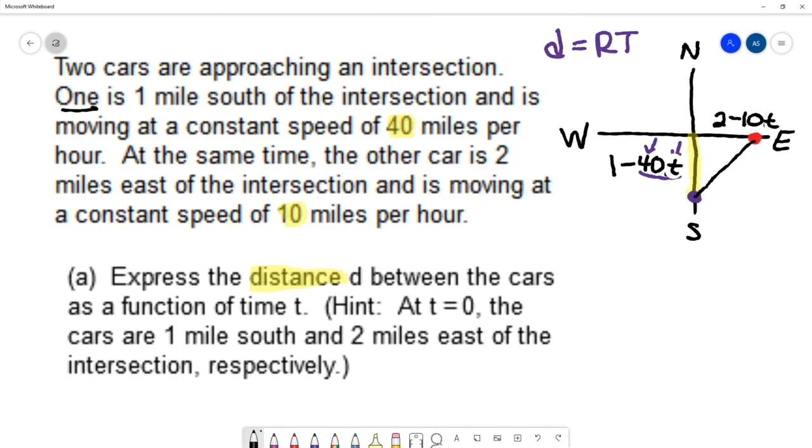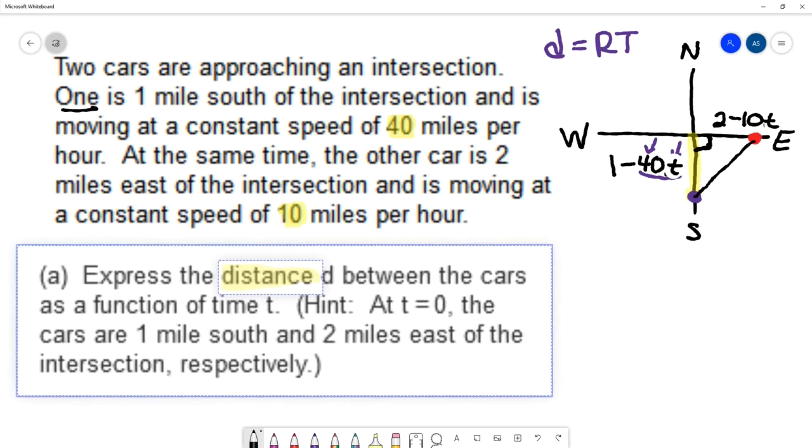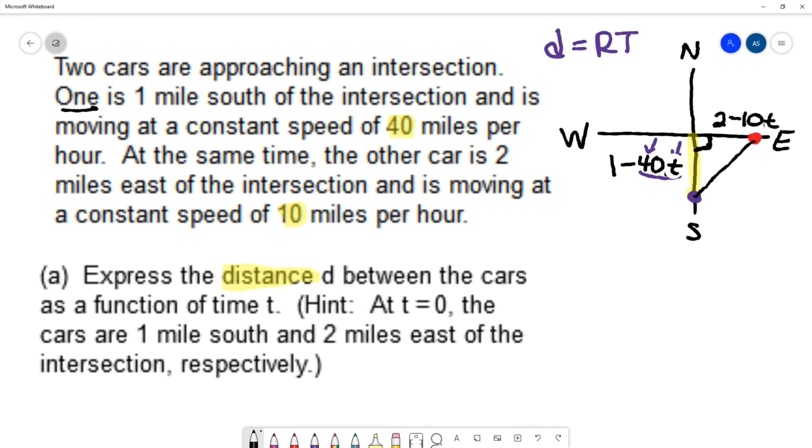And then if I want to find the distance between these two cars, I have the Pythagorean Theorem. This is a right triangle. And the Pythagorean Theorem tells me that this distance can be found by doing (1 minus 40t) squared plus (2 minus 10t) squared equals that distance squared.